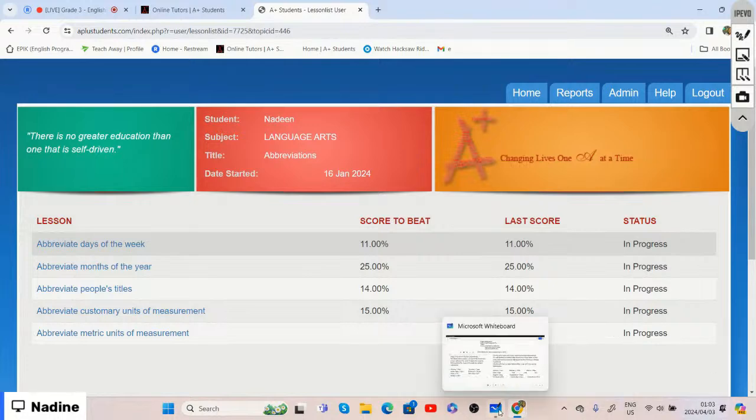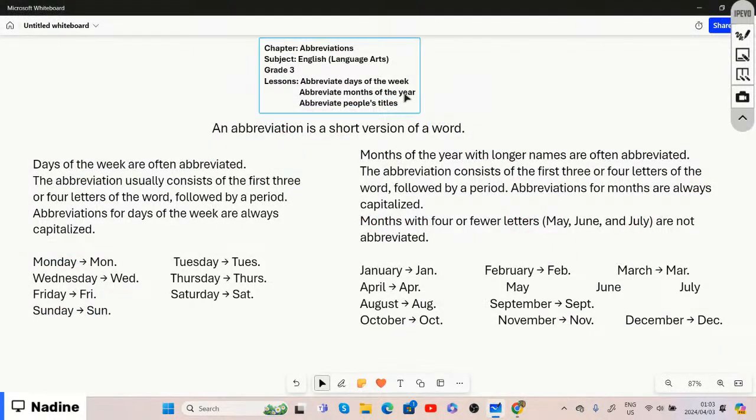All right, so our chapter is abbreviations. Our subject is English, which is language arts, grade 3.